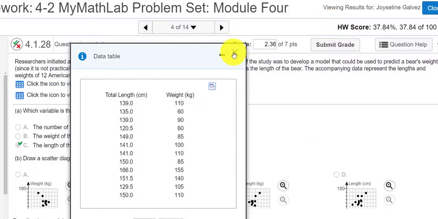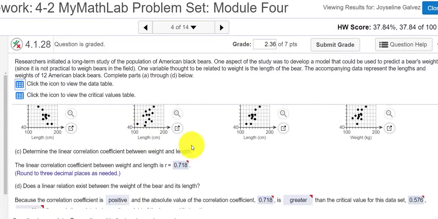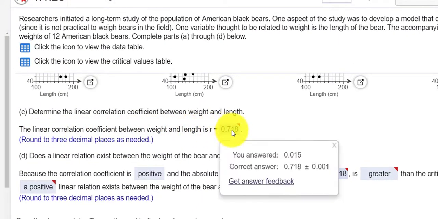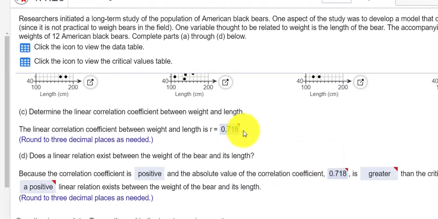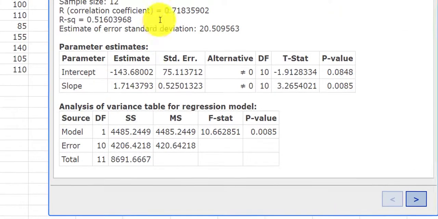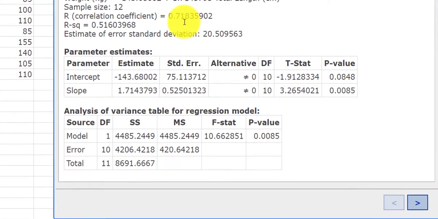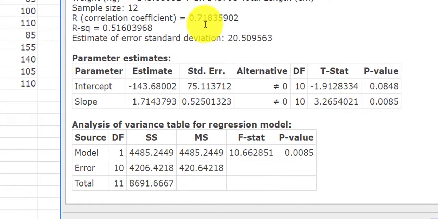If I go back to the original problem, it looks like this student had trouble with the linear correlation coefficient. Looks like they entered 0.015, but again, we have the correct answer. It would be 0.7183. If you have to round to 3 decimal places, 0.718 would probably do it.